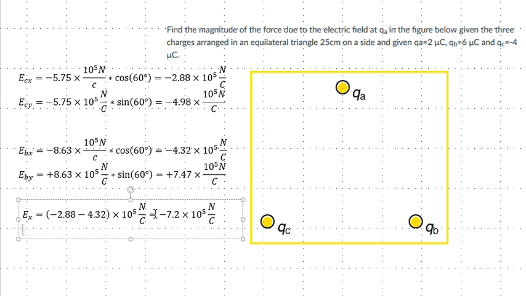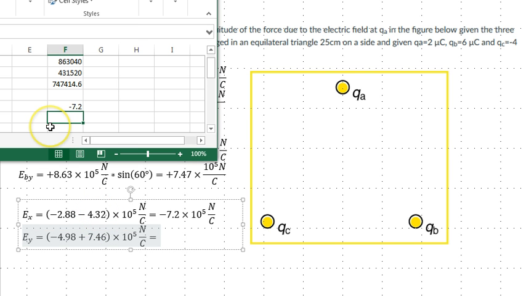EY, we have to do the same thing. Now here's where breaking up into components makes it even more obvious that we have to do that, because ECY pointed down, but EBY points up. The X components pointed in the same direction, but the Y components point in opposite directions. So in the Y components, we have minus 4.98 plus 7.47, times 10 to the fifth newtons per coulomb equals, let's go over to Excel and get that.